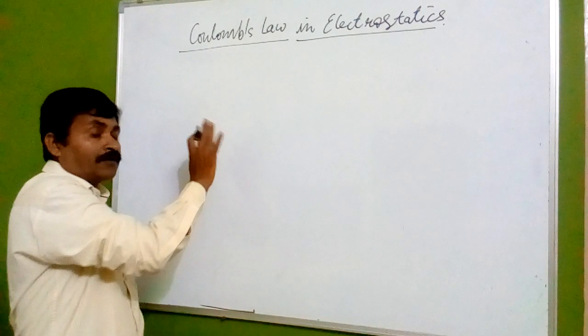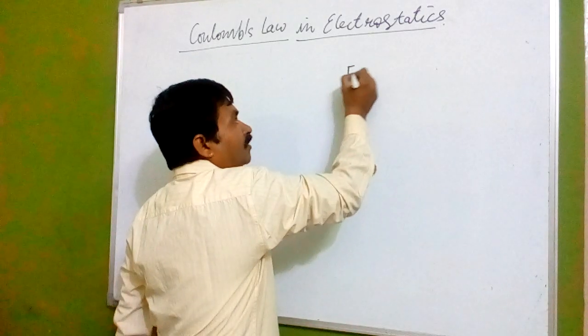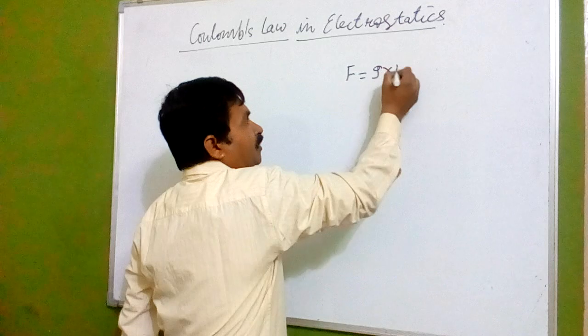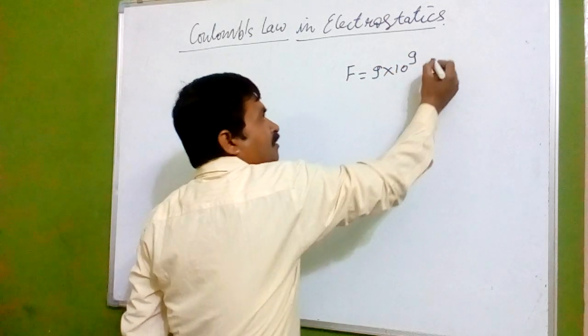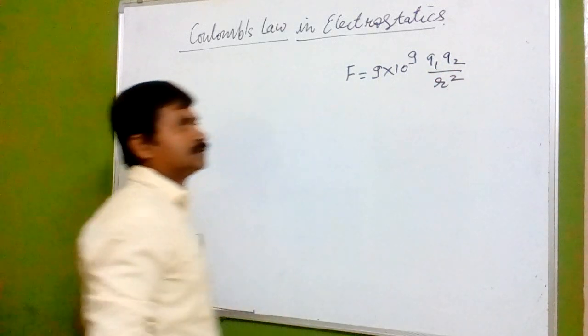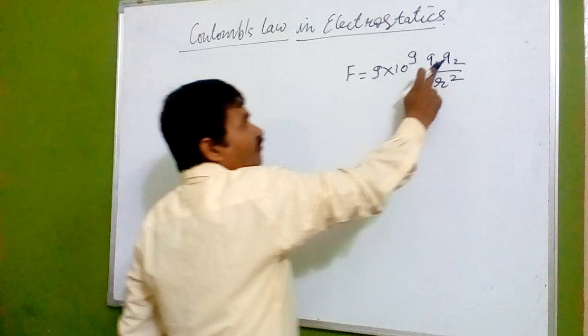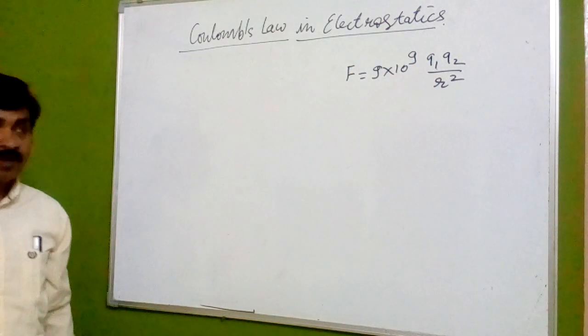Now we have got Coulomb's law: F equals 9 into 10 raised to the power 9 Q1 Q2 upon r square. Now we will be defining 1 coulomb of charge.